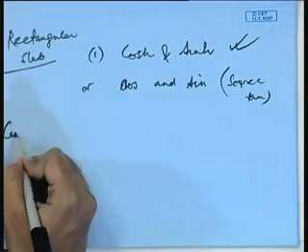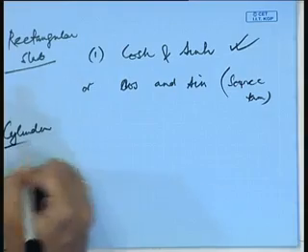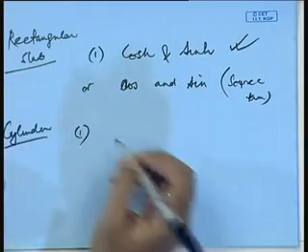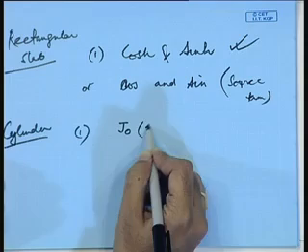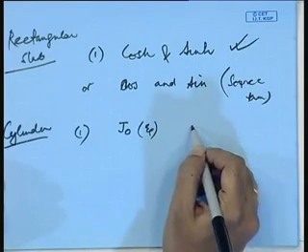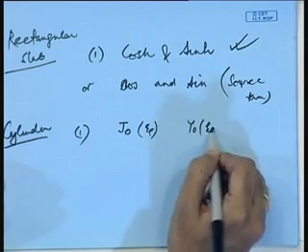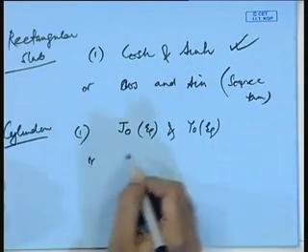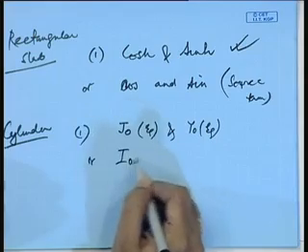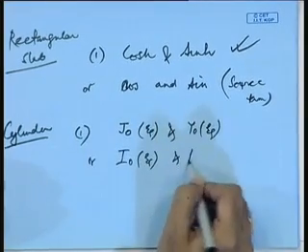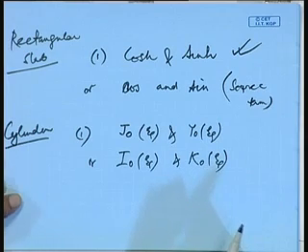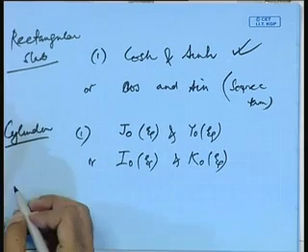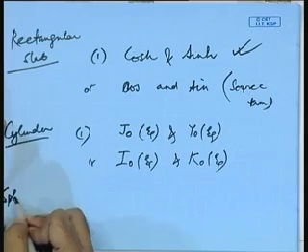The next one would be the cylinder. Cylinder would be J naught psi and Y naught, or I naught psi and K naught, depending on source and sink. Is that clear? And then what about the sphere?